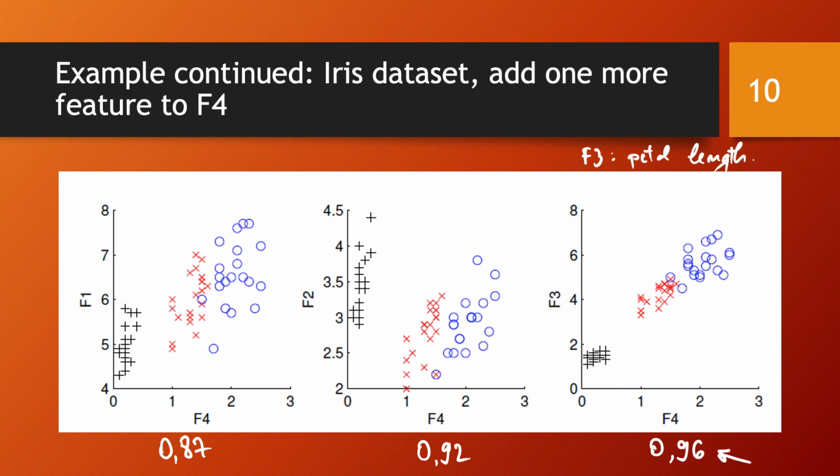Just one more comment about this example. An interesting observation: using just F3 and F4, we got an accuracy of 0.96. And just as a curiosity, if we are using all features, so F1 plus F2 plus F3 plus F4, and we use the very same data set and the very same learning algorithm, the accuracy, in fact, in this case is 0.94.